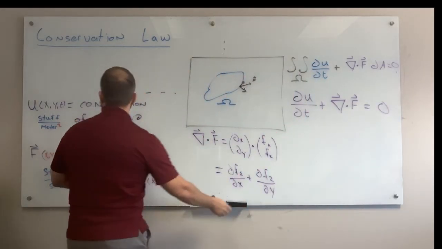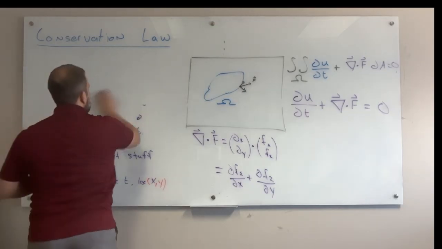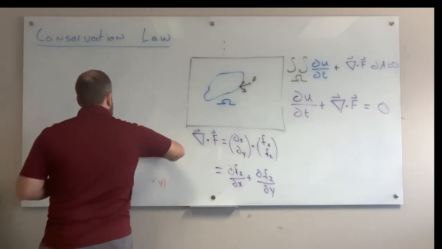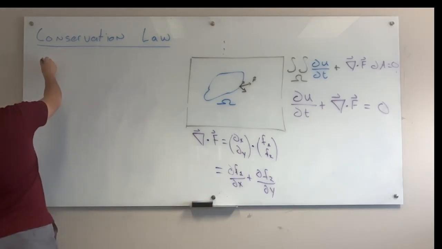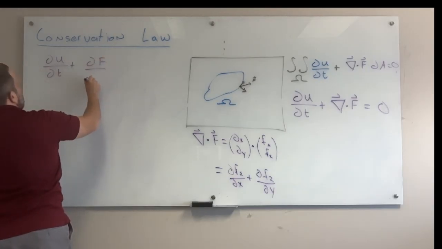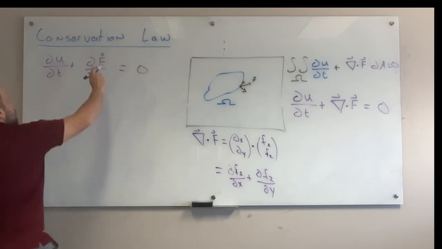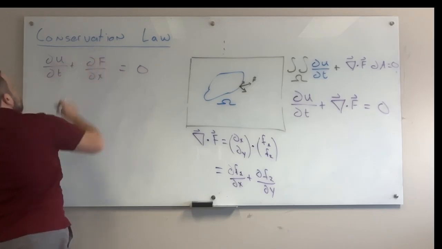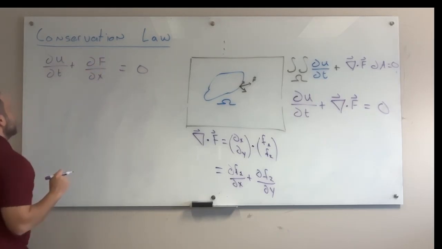Okay, so we have these two different conservation laws. I'm going to write them up here. If you want to state it in explicit one-dimensional form, it's going to be that the t derivative of u plus the x derivative of f is equal to 0. And to cause less confusion, hopefully, I'm just going to keep that as f and not write it as a vector.